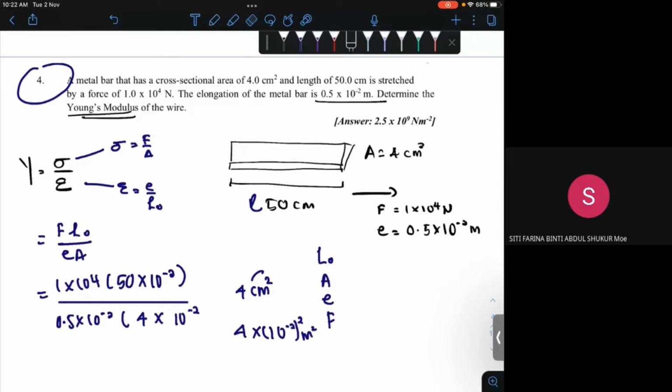Your 10 to the power negative 2 becomes 10 to the power negative 4, because it is centimeter square. It means your centi has to take the square too.